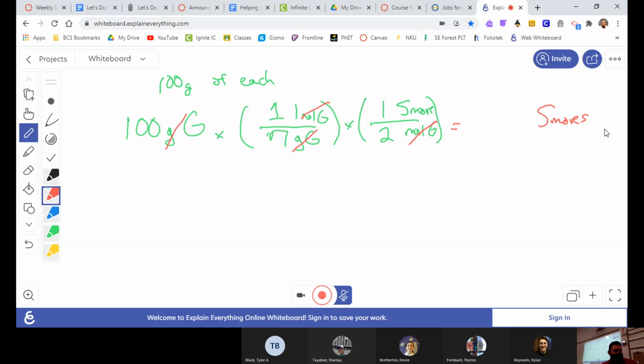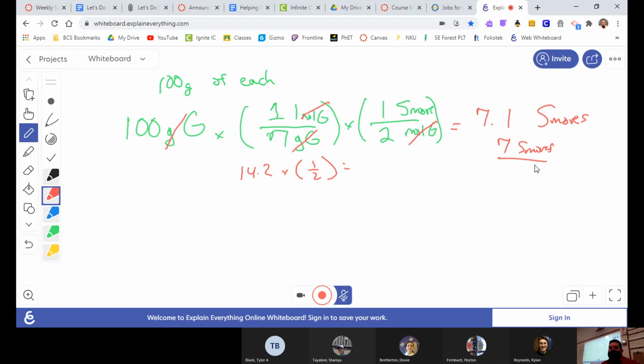All right, and then that divided by 2. So that's going to give me 14.2, times 1 over 2. And that's going to give me a final answer of 7.1. I can make 7.1 s'mores, or remember, we can't make a 0.1 s'more. So I can make 7 s'mores.